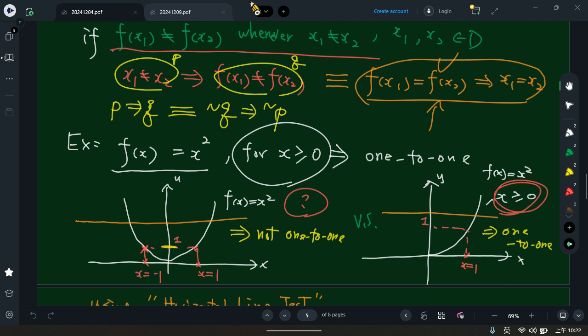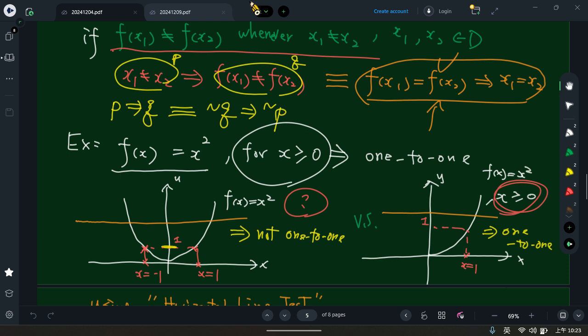It will not be one-to-one, because you can see for the same value in the range, 1, we have two different points, -1 and +1, mapped through this function to the same value. So we will not say this is a one-to-one function.